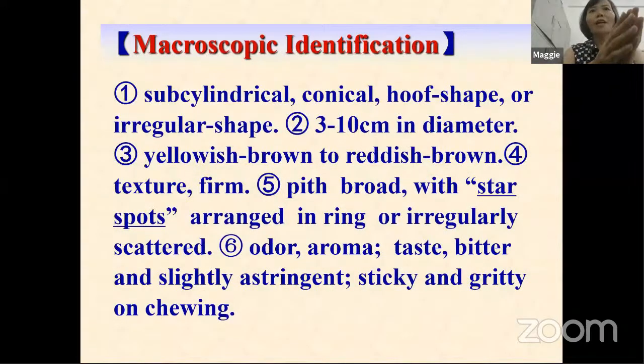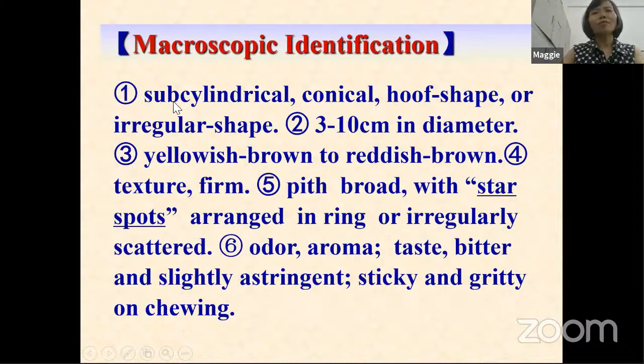So macroscopic characters. Usually when we talk about macroscopic characters, there are some items we should introduce: shape, size, color, texture, feature, and odor and taste. So first, rhubarb's shape.